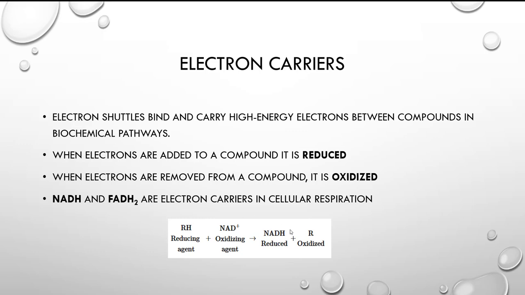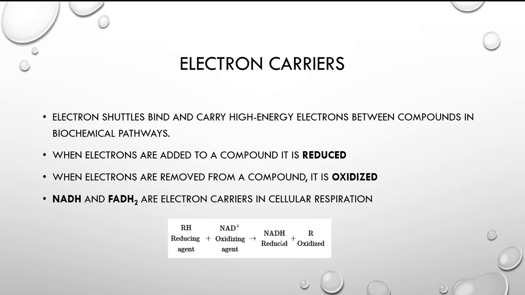So it's gained electrons to form a molecule called NADH. Same with another type of molecule called FAD. FAD is an oxidizing agent. When it gains electrons, or is reduced to FADH2, that means that it's carrying electrons.